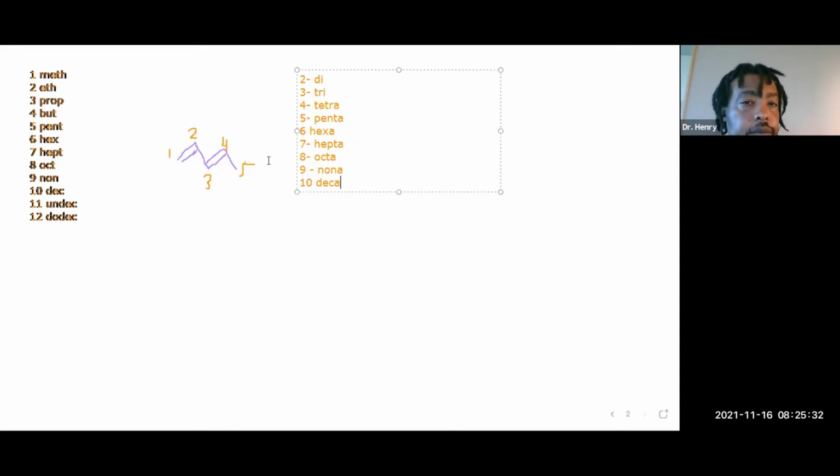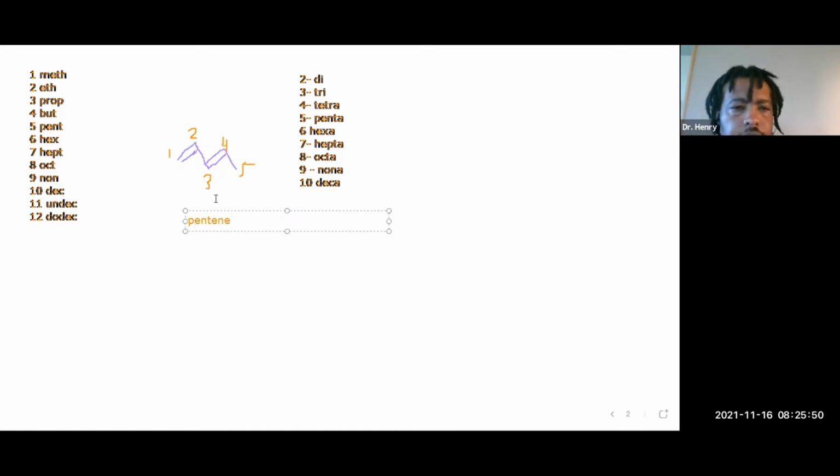So we have 2 double bonds. When we go with the naming, we know that it's going to be a 5 carbon chain. So we call this guy pentene. Now, since there's 2 of them, we want to let us know that there's 2, so we would use pentadiene.